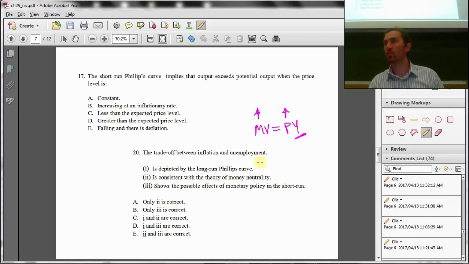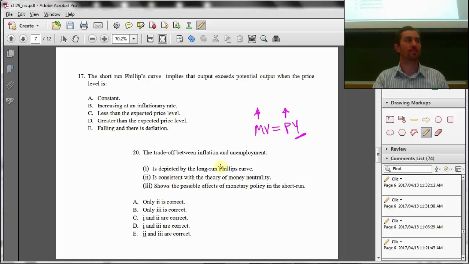Money is neutral. So if we increase money supply, it leads to an increase in prices. In other words, it leads to inflation. But it doesn't change output, so there's no change in unemployment. Is there a trade-off between inflation and unemployment in terms of the theory of money neutrality? No, there is no trade-off.